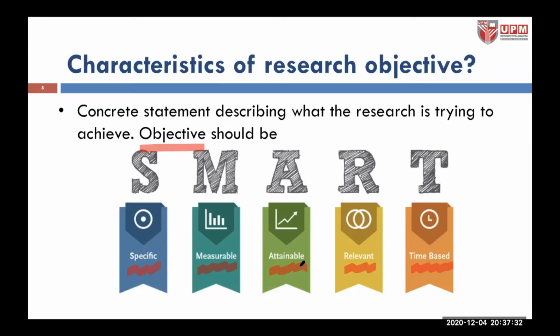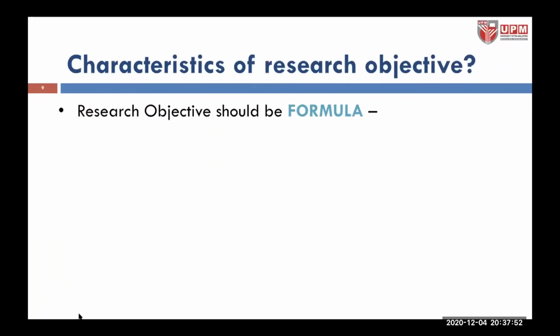But what is an objective in terms of research? Is it the same? Can we just use the formula or the definition of SMART over here, which is specific, measurable, attainable, relevant, and time based? So, in terms of the definition of a research objective, it should use what we call a formula.